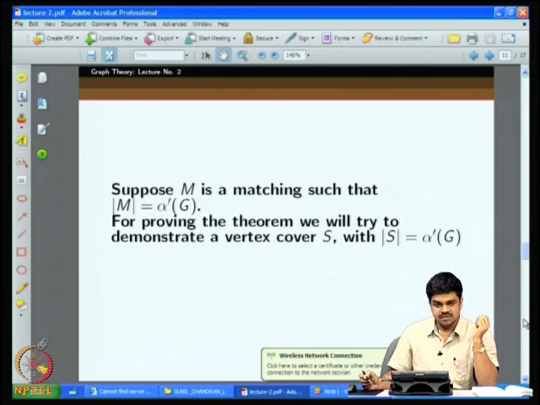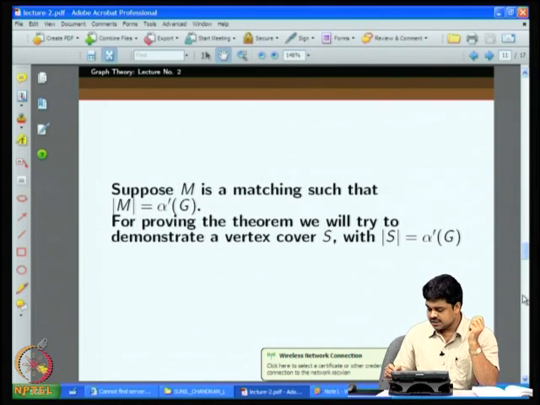We will first consider a matching, the biggest matching in the bipartite graph. Let's say it's M, and then the cardinality of M is in fact alpha dash of G. For proving the theorem, our approach will be to demonstrate a vertex cover S with the cardinality alpha dash of G. We will try to come up with a vertex cover such that its cardinality matches the cardinality of the maximum matching.